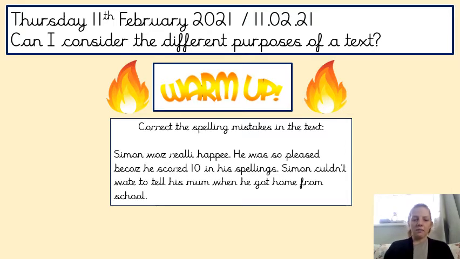I'm not quite sure which ones I've got right or wrong, so I need you to show me which ones I have spelt incorrectly. So have a go at that for me, please, Year 4. The first person who sends in the corrections to me through the Year 4 email address will be getting a Marvellous Me shout out.